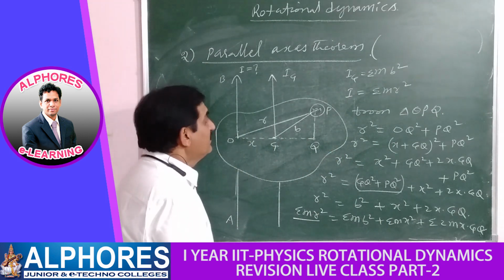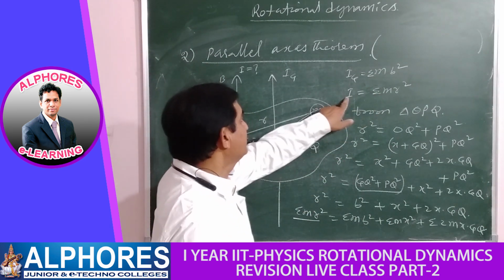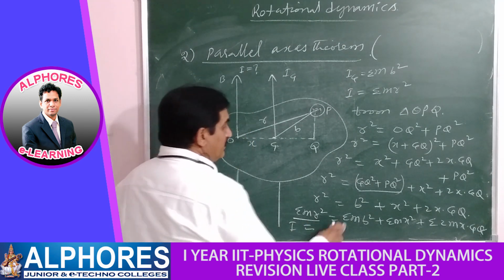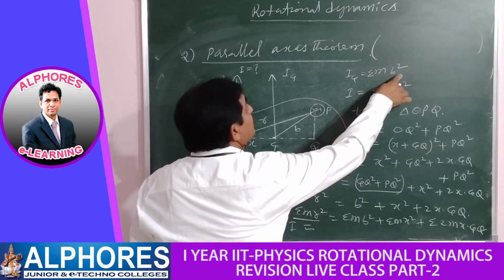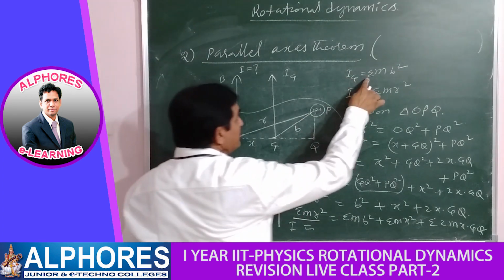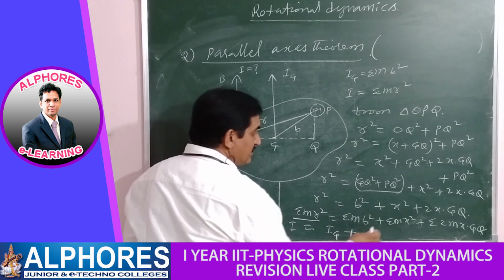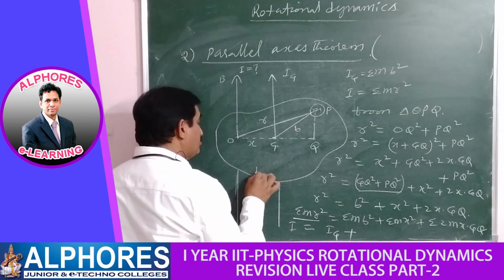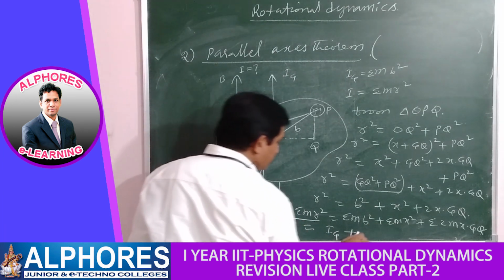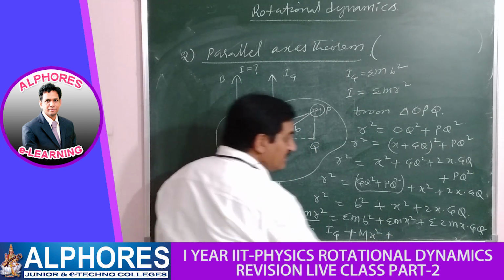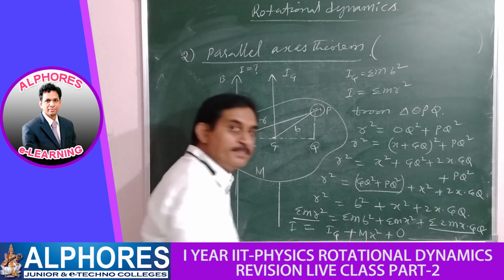So for summation mR square, just substitute I. Summation mb square, just substitute Ig. Summation m is giving the total mass of the rigid body, so mx square, plus this term becomes 0.